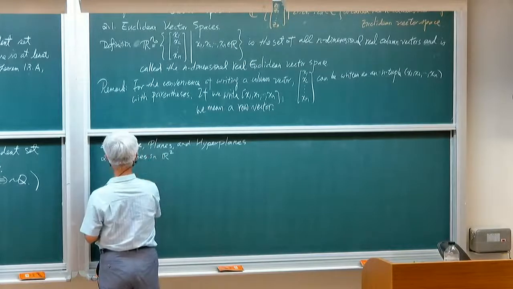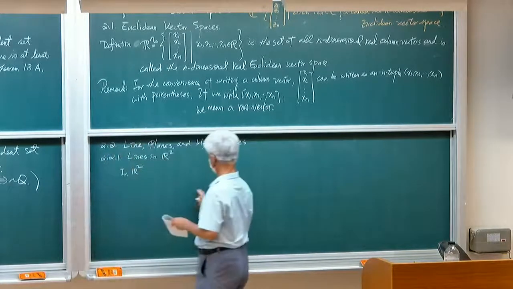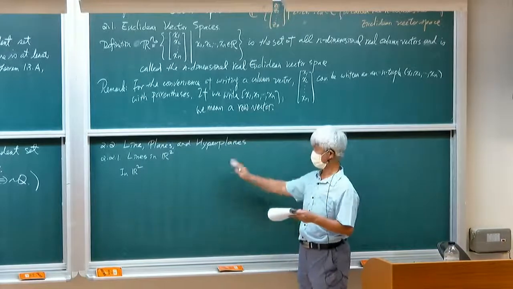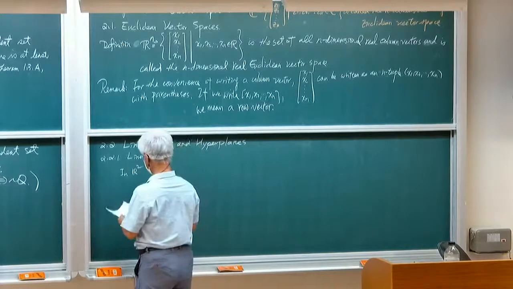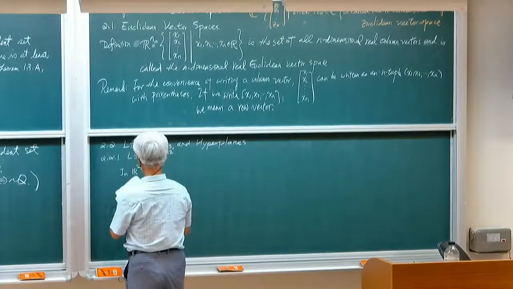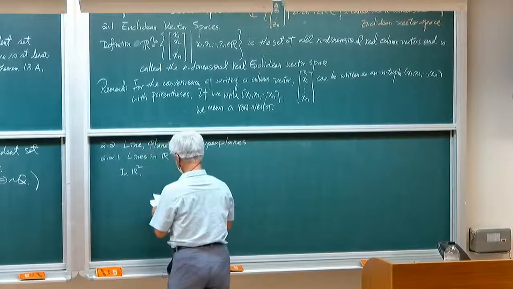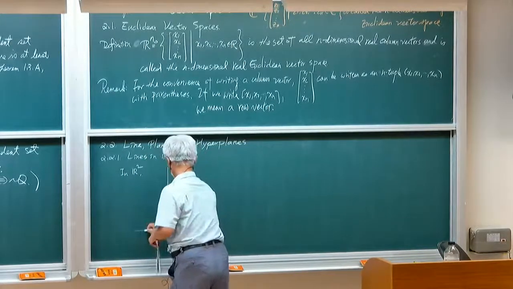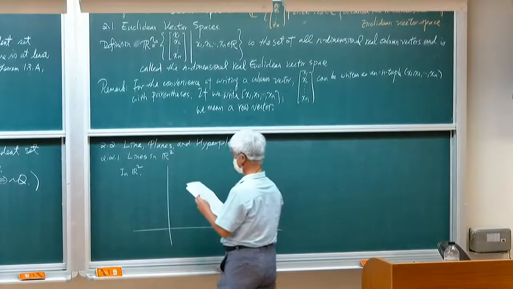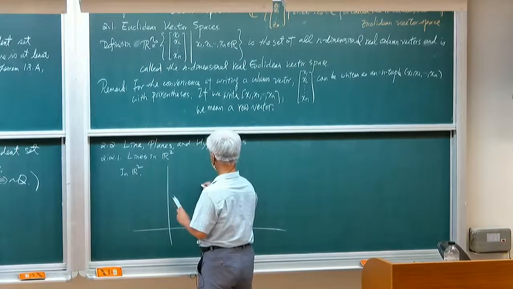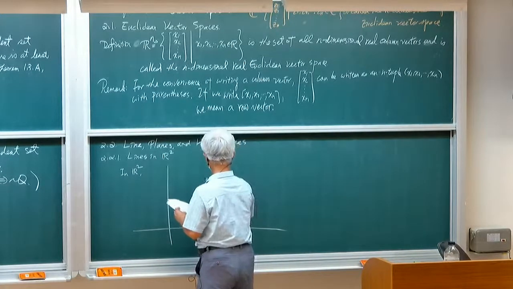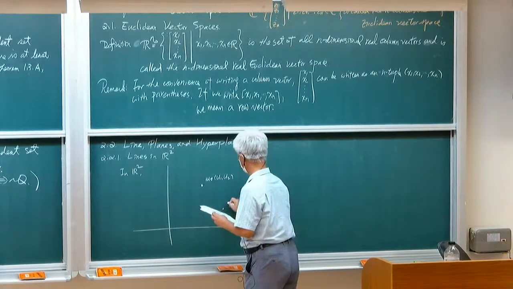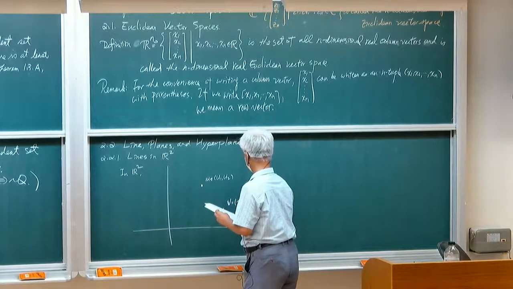Okay, suppose we are in R2. This breadboard is just like a plane, right? So in R2, we have 2 points, U1, U2, and another point, V1.